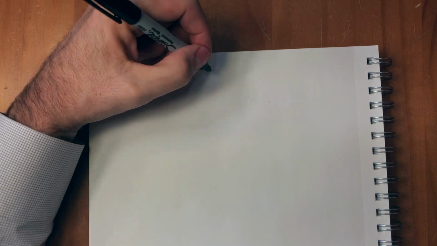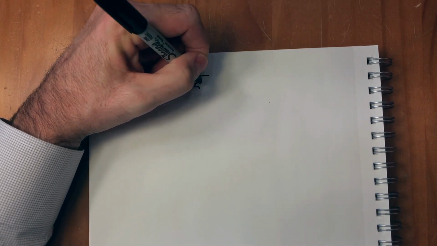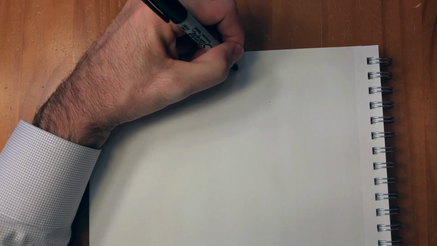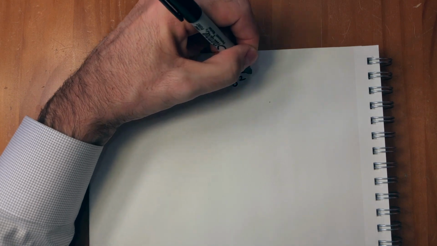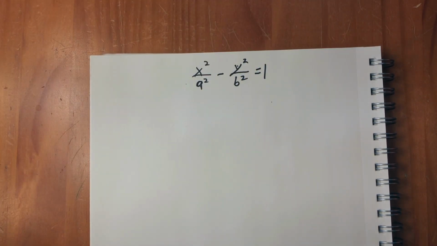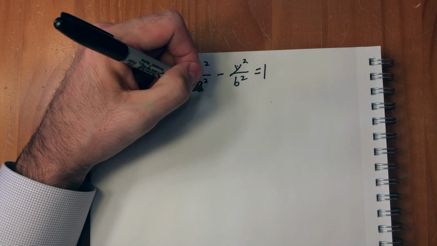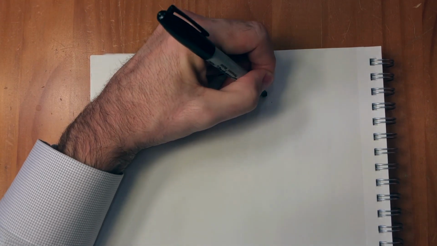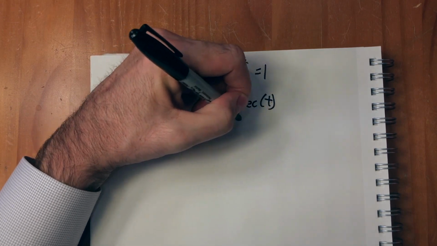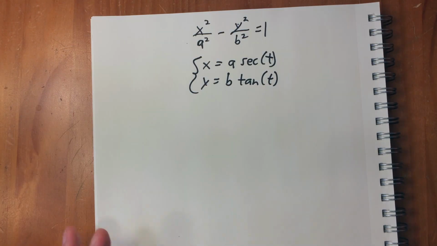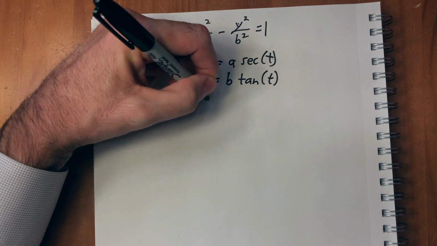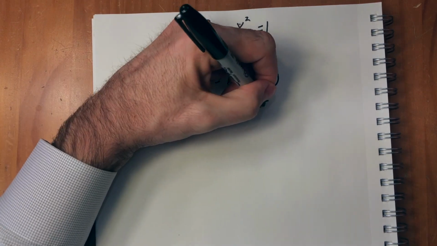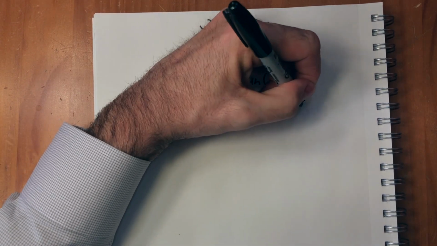So let's just do a hyperbola. The standard form of a hyperbola is x squared over a squared minus y squared over b squared equals 1. And then a parameterization of a hyperbola using trig functions is x equals a secant t and y equals b tangent t. So the rest is easy because tangent equals sine over cosine and secant equals 1 over cosine.